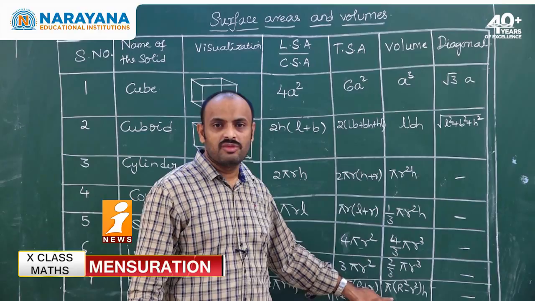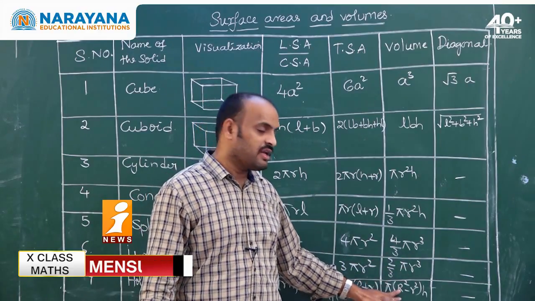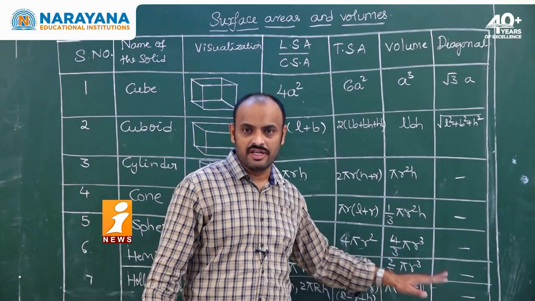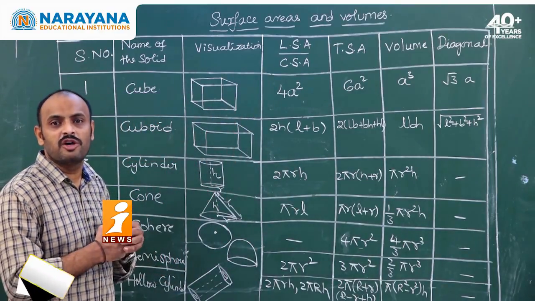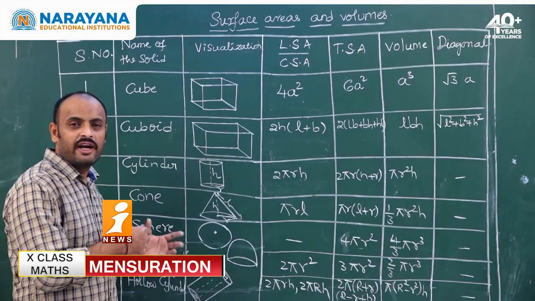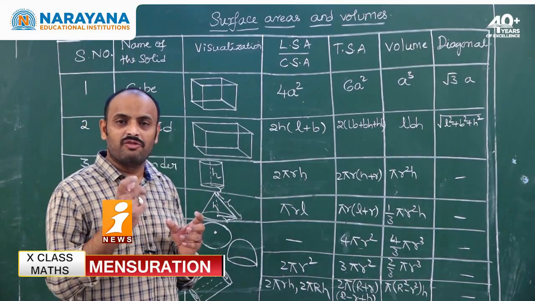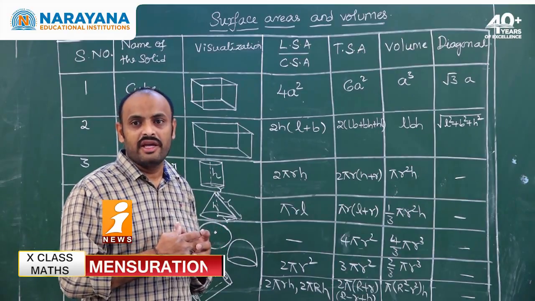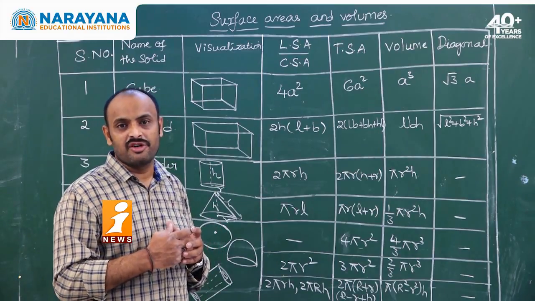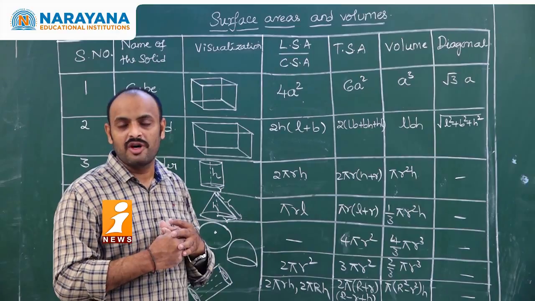Volume is pi times (R square minus r square) into h. These are the surface areas and volumes of the solids. One more 2-dimensional figure is the ring, whose area is pi times (R square minus r square).